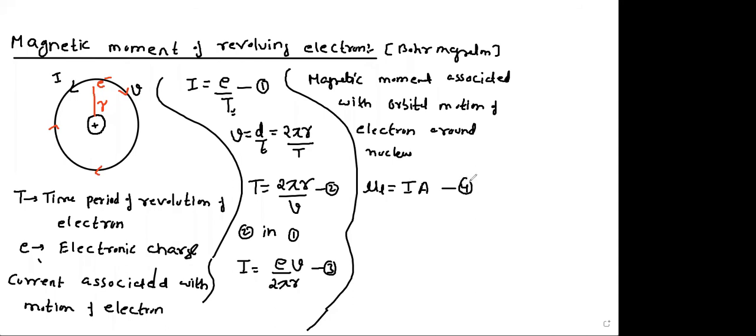That is equation number 4. The area of the coil is pi r square. If the radius is r, then this revolving electron behaves like a current carrying coil, and the area of the coil is pi r square.